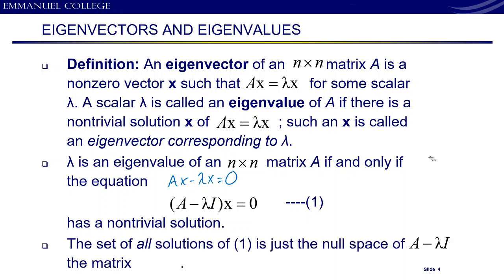So the set of all solutions of this equation is the null space of this matrix. Remember, the null space is just all the values of x that, when I multiply the matrix times x, I get 0. So I've got a very specific null space that deals with eigenvectors and eigenvalues.